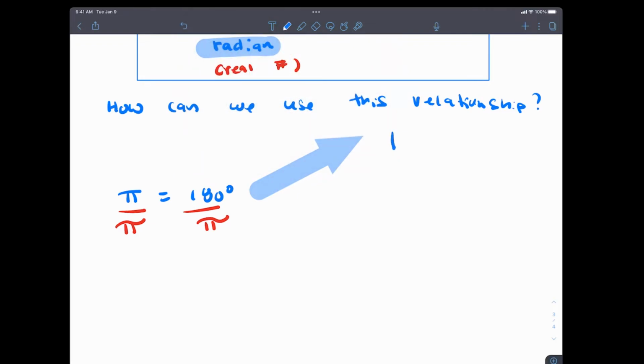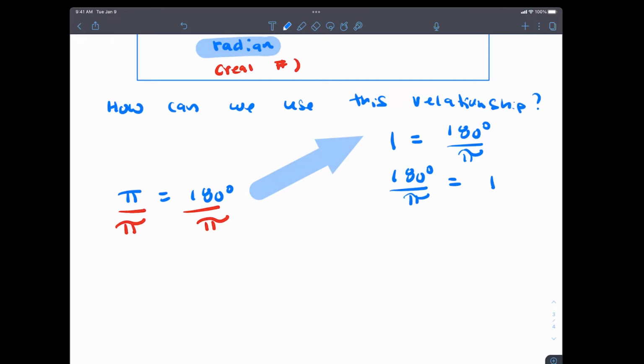This is saying 1 is the same as 180 degrees over pi. Now, we typically write it this way: 180 degrees over pi is the same as the number 1. This is why they call it a unit ratio. Very, very special relationship here. It just comes from algebra, ladies and gentlemen.